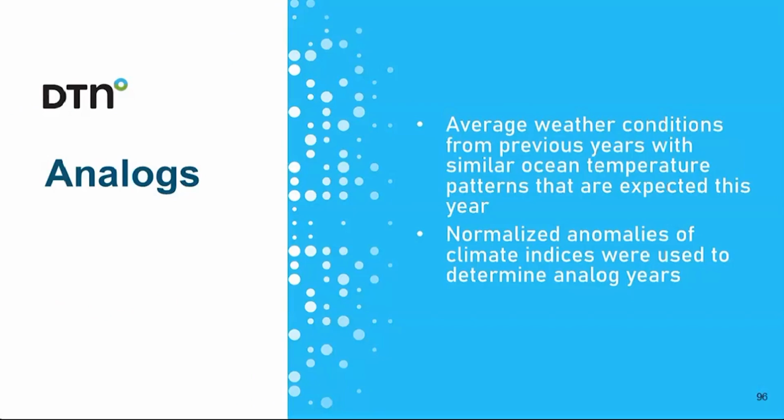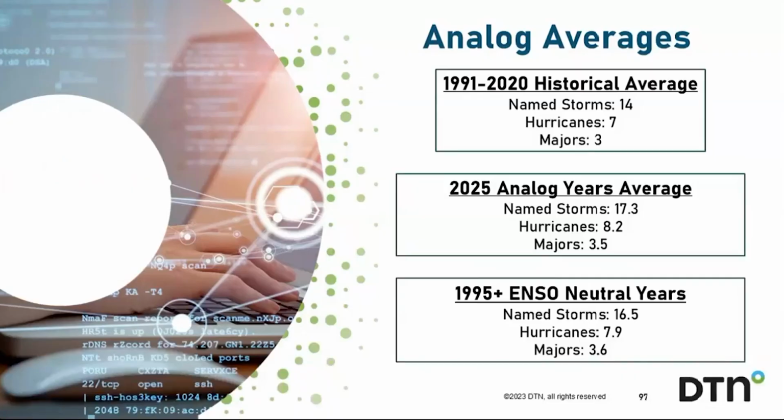Looking at the analogs again, based on sea surface temperature patterns we've already seen, including 2012 as a pretty good match. Note the historical average of 14 storms, 7 named hurricanes and 3 major hurricanes.